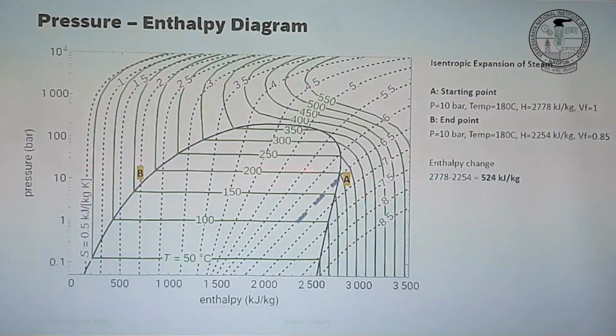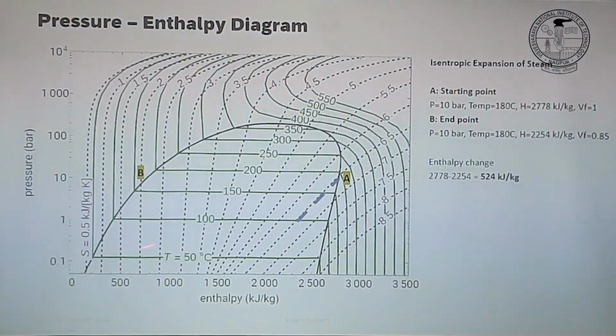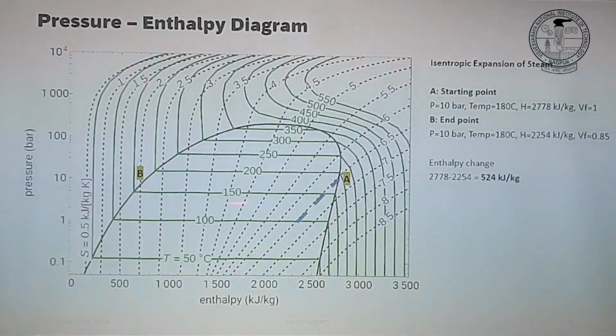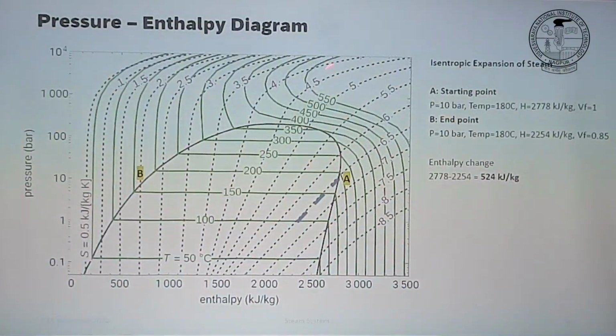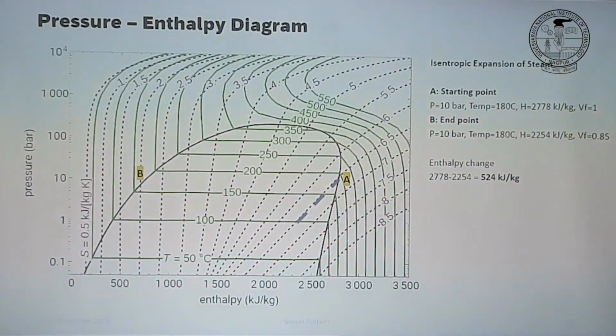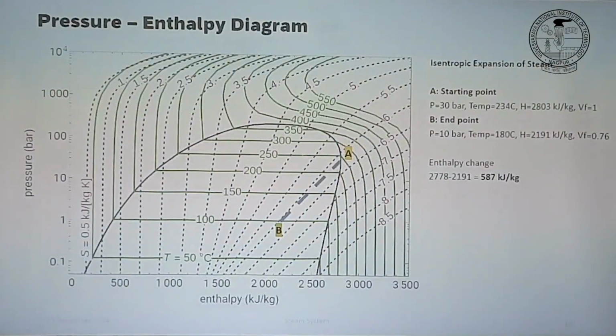While going on this line parallel to the x-axis, you can extract a lot of energy. Right? So to extract a similar amount of energy, you really have to go from very high pressure to very low pressure, which is practically not possible.